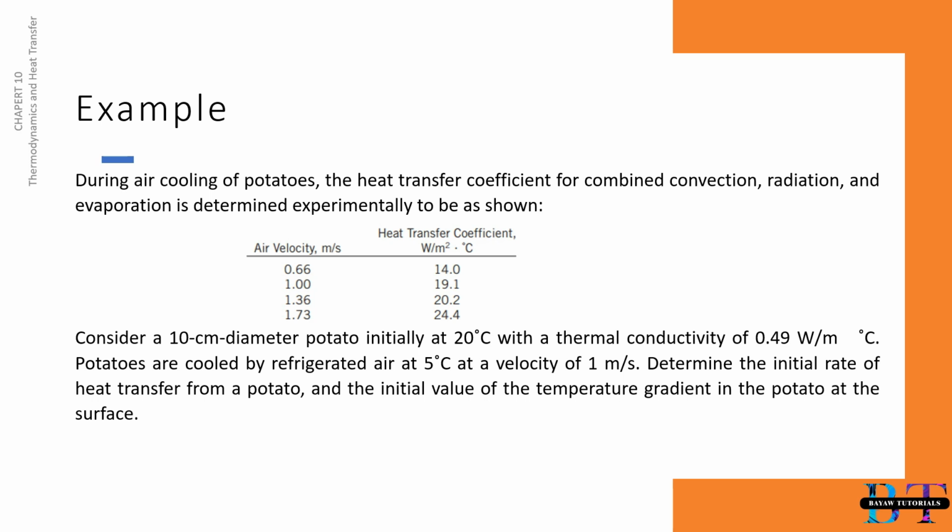So our question is: consider a 10 cm diameter potato initially at 20 degrees Celsius with a thermal conductivity of 0.49 watts per meter times degree Celsius. Potatoes are cooled by refrigerated air at 5 degrees Celsius at a velocity of 1 meter per second. Determine the initial rate of heat transfer from a potato and the initial value of the temperature gradient in the potato at the surface.